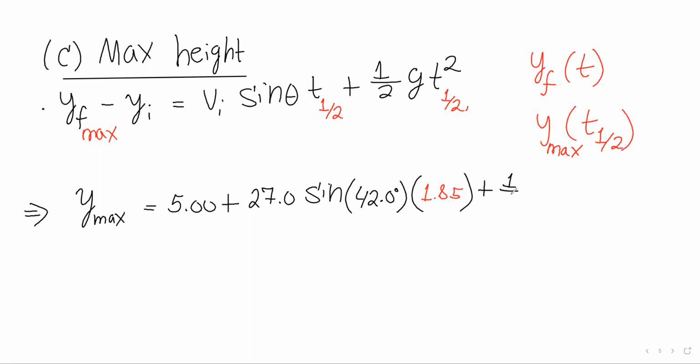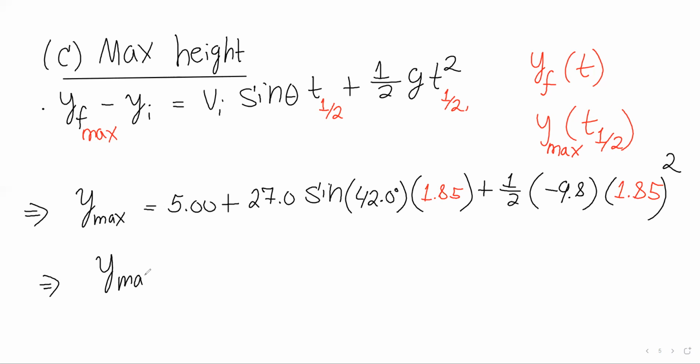Plus 1/2 g, which is negative 9.8, times my half-time, 1.85. Oh, and I'm so focused on choosing different colors and writing in a neat manner, I almost forgot this is the half-time squared. So another most common mistake.